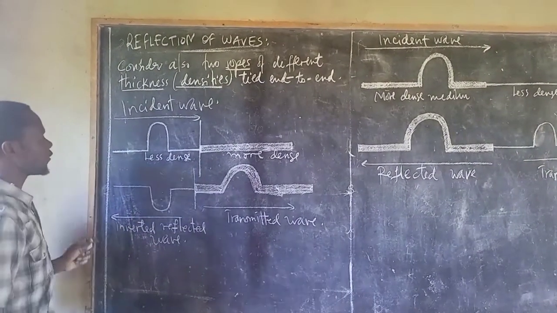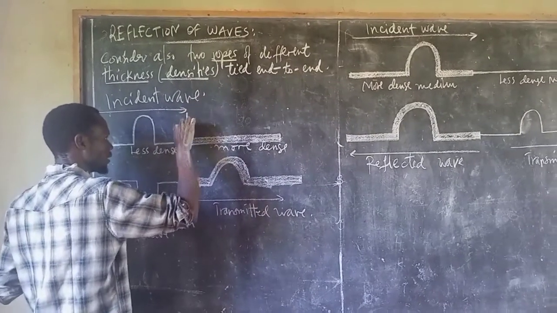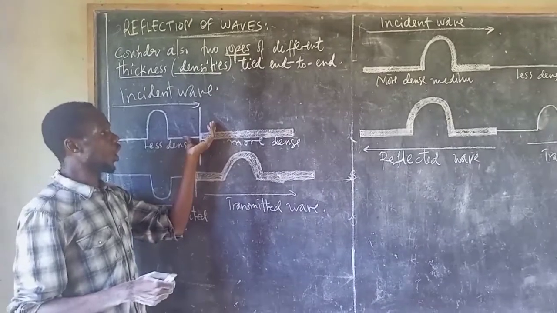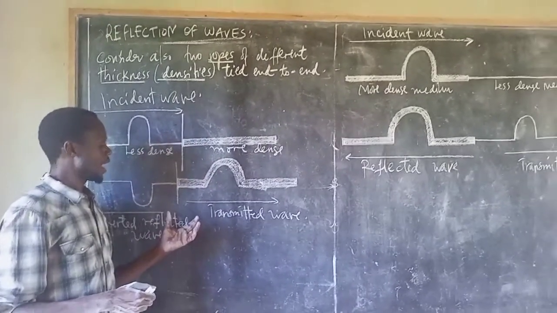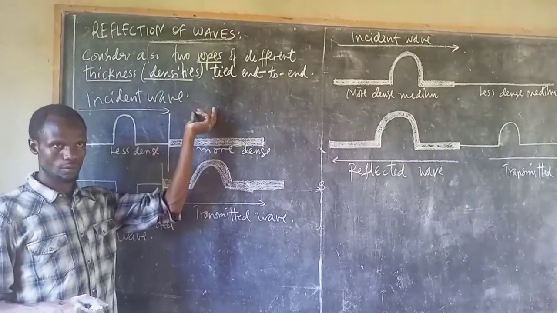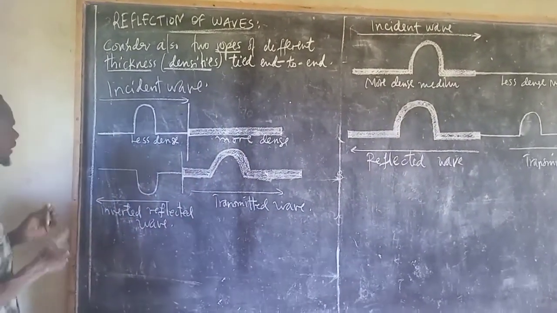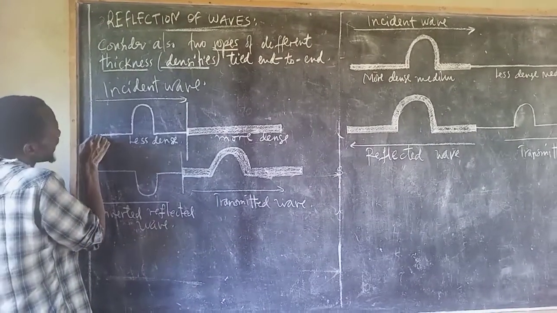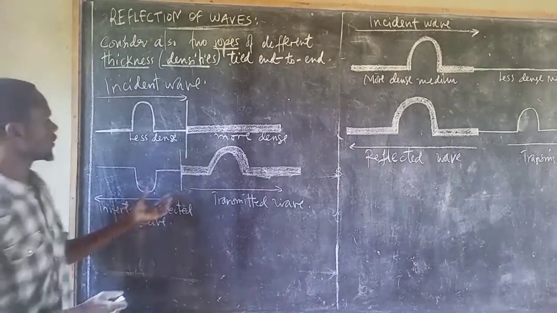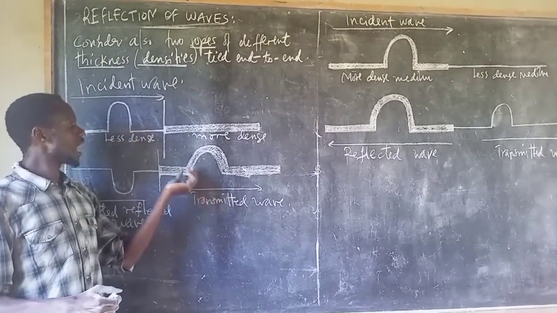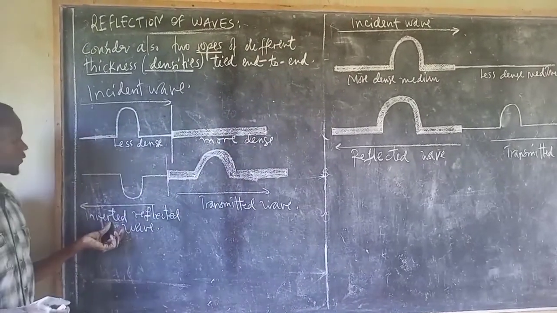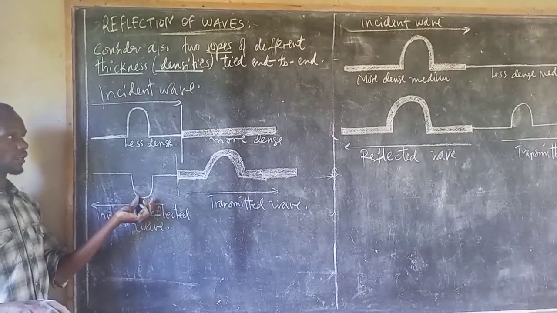So the wave that is transmitted is either inverted or upright, and this depends on the propagation of the wave. If the wave is propagated from the less dense medium, the transmitted wave is upright, and the reflected wave is inverted.